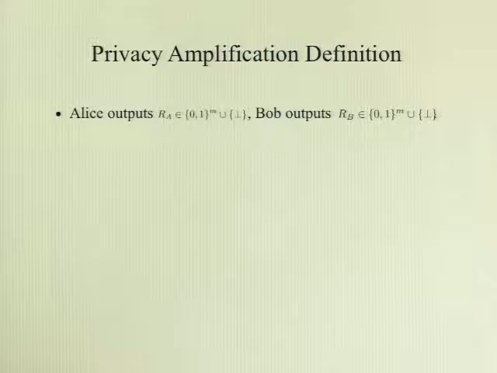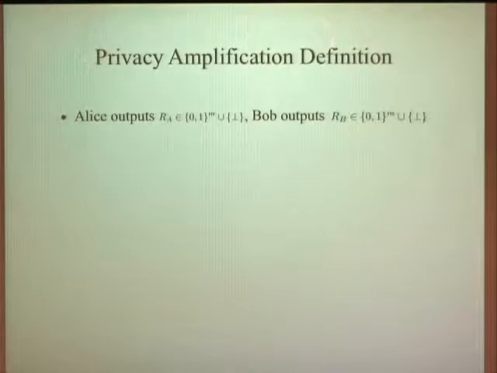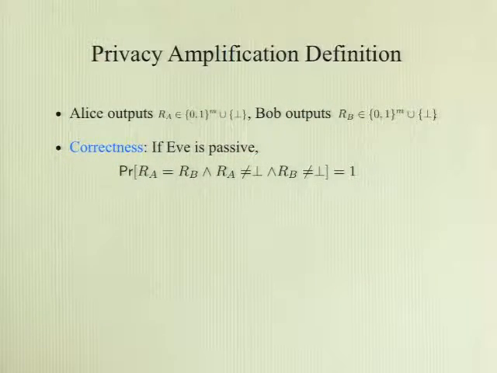Here is a formal definition of a privacy amplification protocol. We are assuming that we have an active adversary. In the end, the two parties, Alice and Bob, are supposed to output some strings, but they can also output a special symbol. This symbol just indicates that the party rejects the protocol.